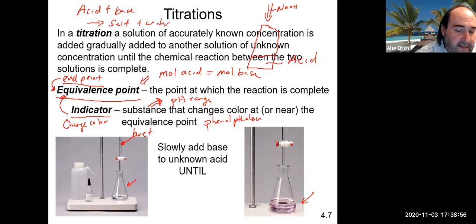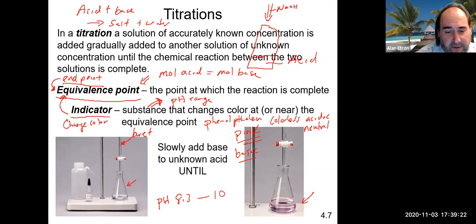Phenolphthalein is an indicator that is colorless in acidic solution. It's actually colorless in neutral solution, but it turns a wonderful shade of pink in basic solution. That's because phenolphthalein works over a pH range of about 8.3 to 10-ish or so.